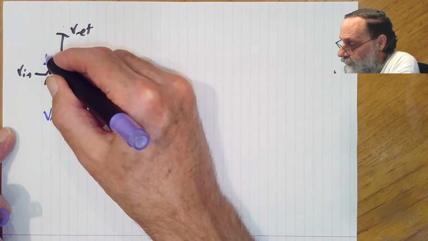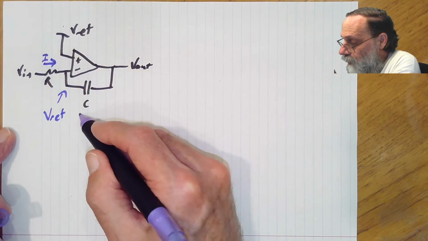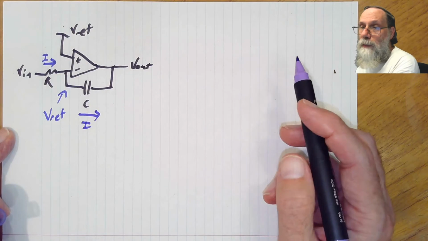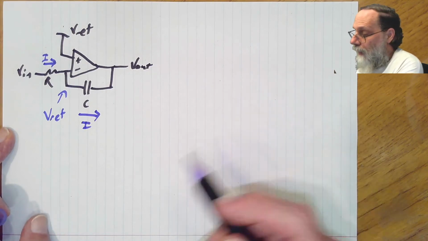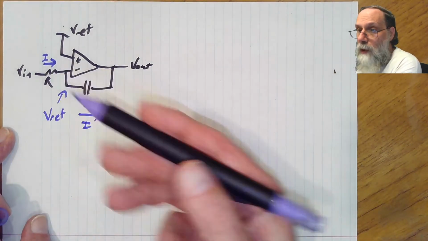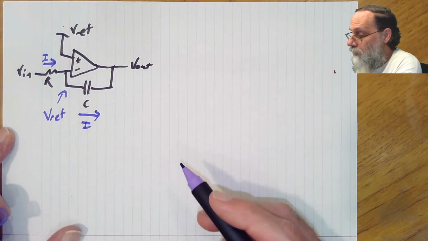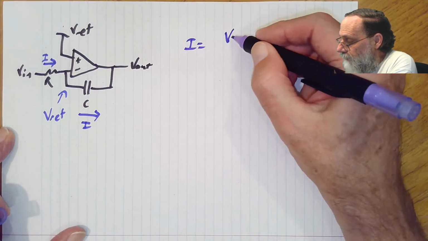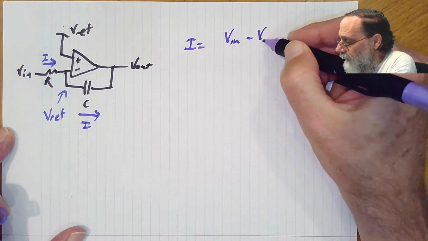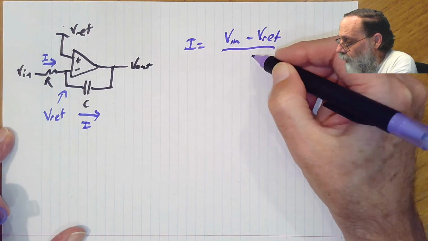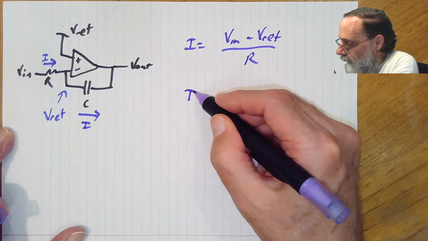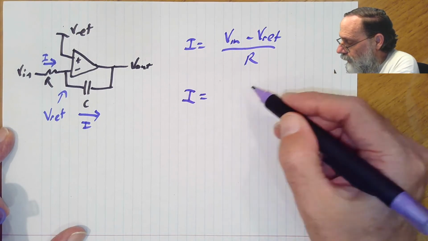That current has got to be the same as the current that flows through the capacitor here, because there's no current through the input of an op-amp. All right, and again, we can use what we know about the components, resistors and capacitors, to get that I is (Vin minus Vref) over R.